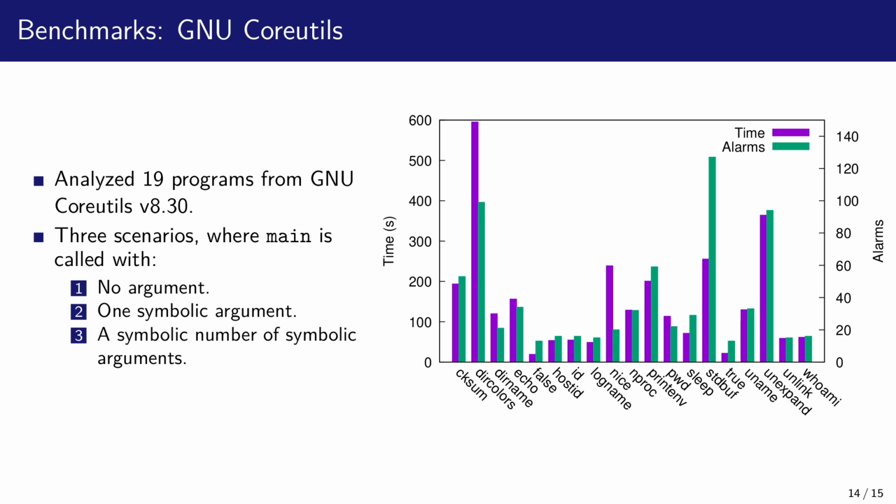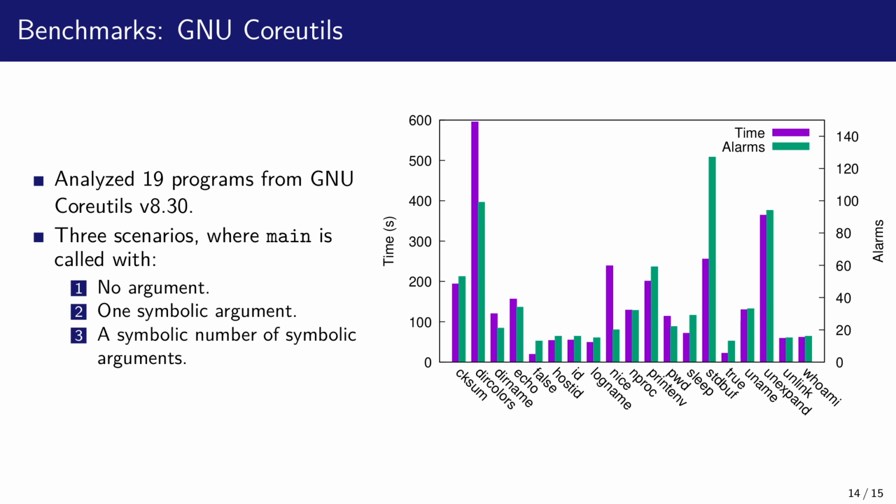And the second scenario is when we call the program with one symbolic argument, which means that the argument is a valid string, but containing arbitrary content and having an arbitrary size. And the third scenario is when we call the program with an arbitrary number of parameters, and each parameter is a symbolic string.